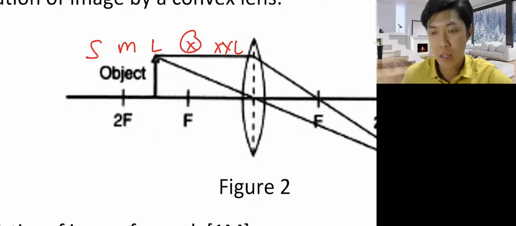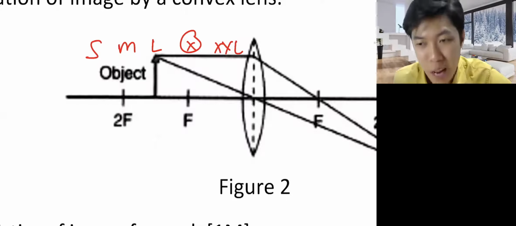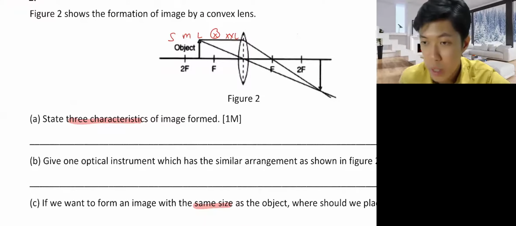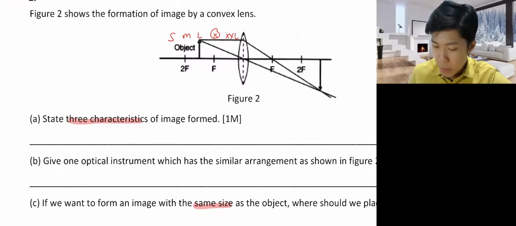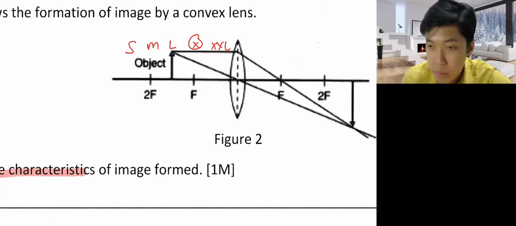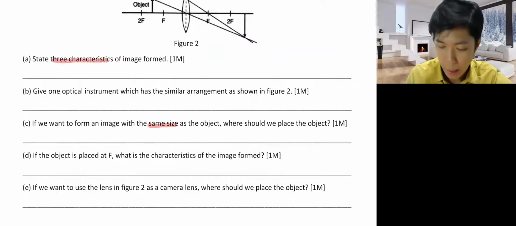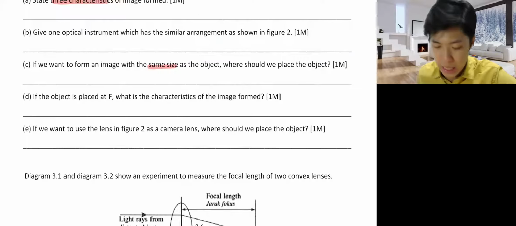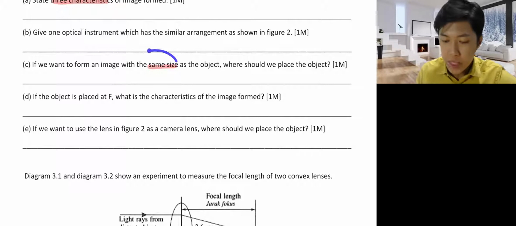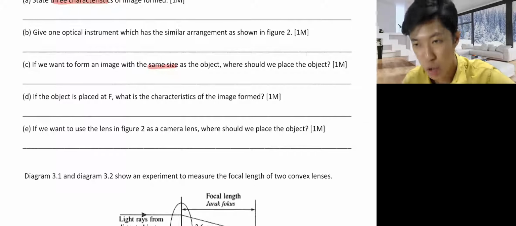So that is at 2F, you can say at 2F. Answer for 2B, similar arrangement as 2B, this one, right? This is for projector. Same size, everyone, must be at 2F, so your answer is at 2F.